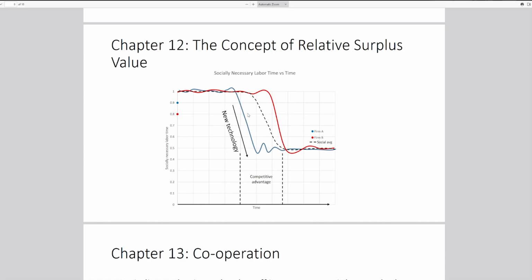And whichever company gets down to that half an hour first is going to have a nice period, some sweet competitive advantage. It might even be advantageous enough to completely box Red out of the market and maybe buy them out or leverage something. This happens all the time, right?